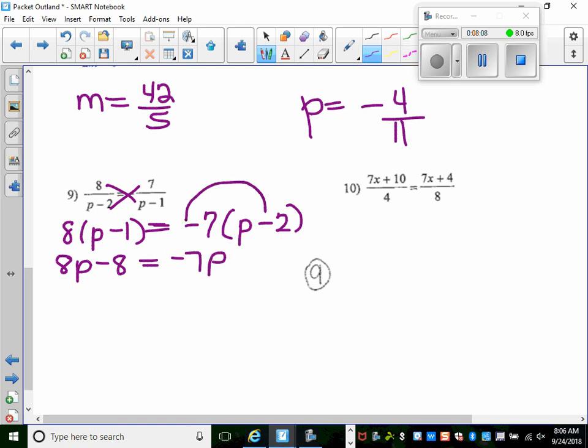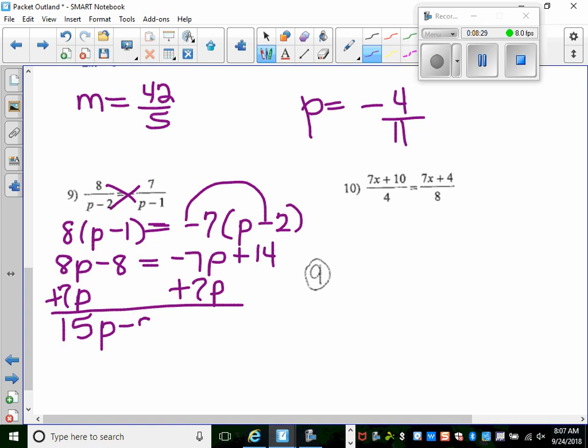And look, this is going to change to a positive 14 because a negative times a negative is a positive. Now I'm ready to move everything to one side. So I'm going to add the 7p to the other side because that's the opposite of a negative 7p. So that's going to give me 15 p's on this side.